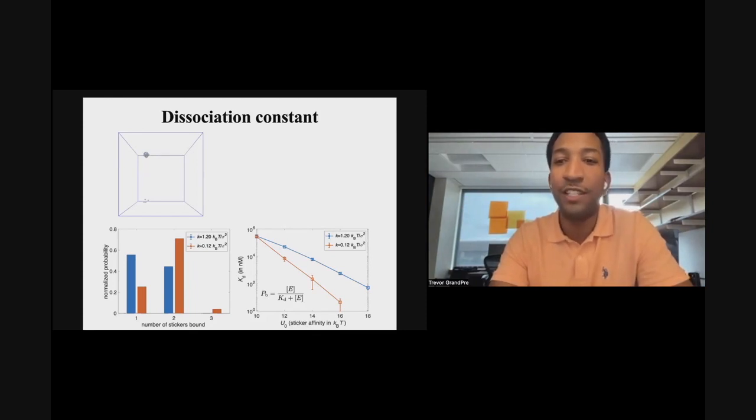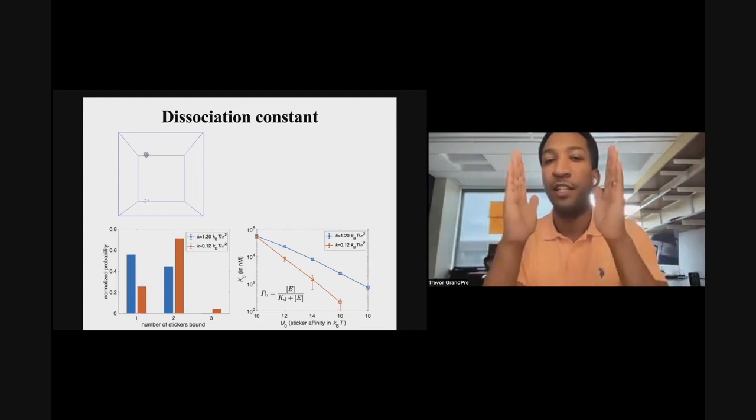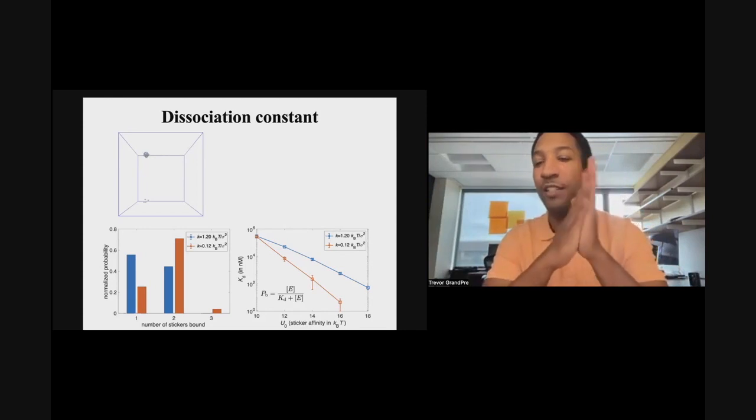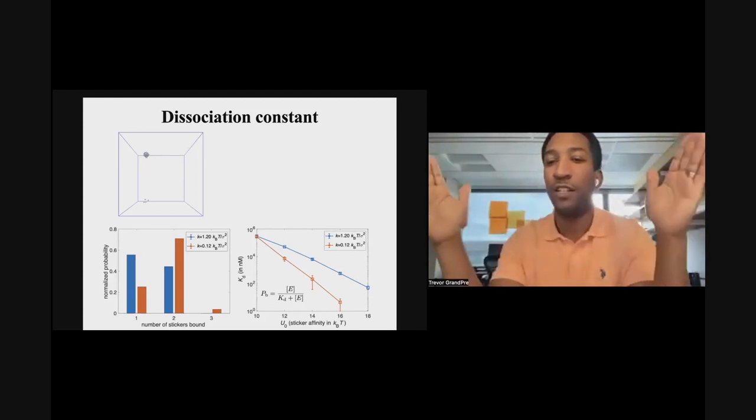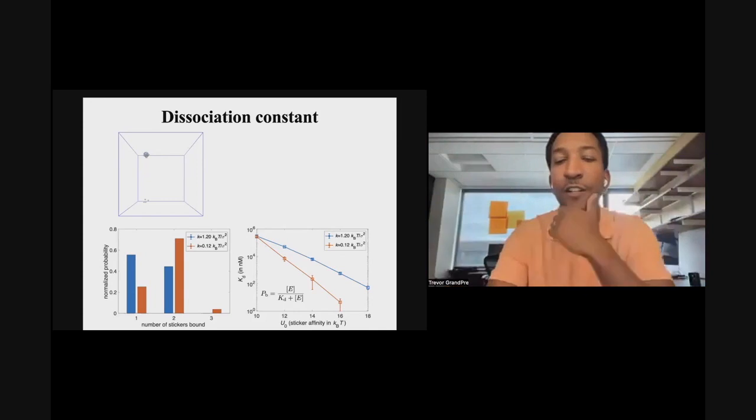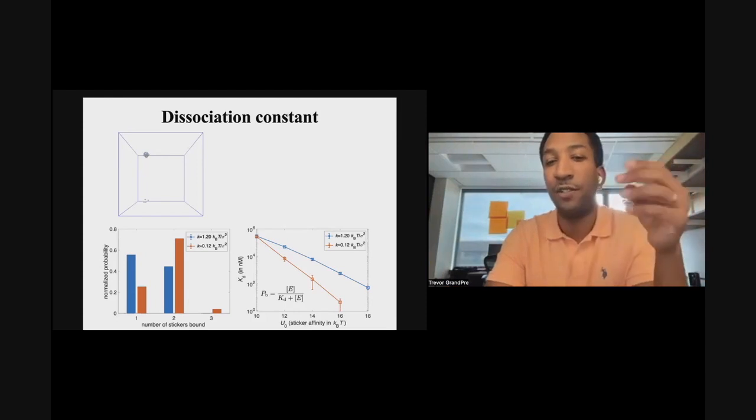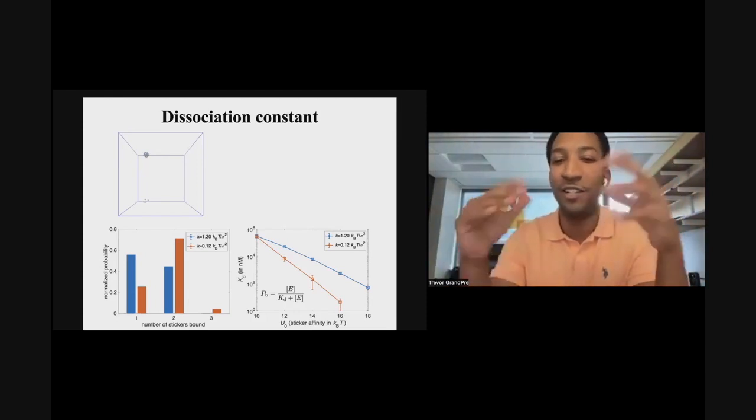And what you see is that the linker length has a large effect on the dissociation constant. So here, a larger spring constant, K equals 1.2, is the short linker, and K equals 0.1 is the long linker. In general, the longer linkers, or this red, have a stronger dissociation constant, meaning it's lower. The lower the dissociation constant, the stronger.